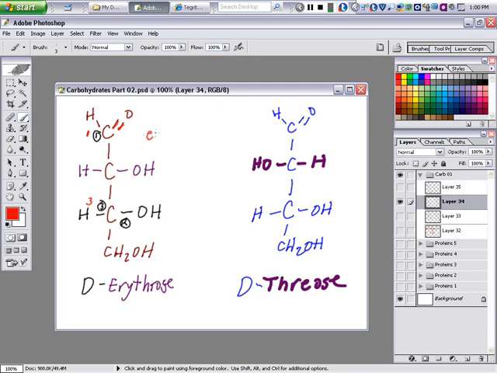So I'm going to put it here just so you know, enantiomers. I'm going to put a big X because they are not enantiomers of one another. When you have isomers that are not enantiomers of one another, but they have the same basic structure, we call them diastereoisomers or diastereomers.